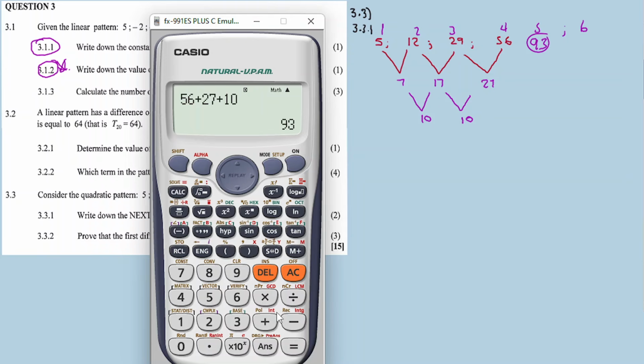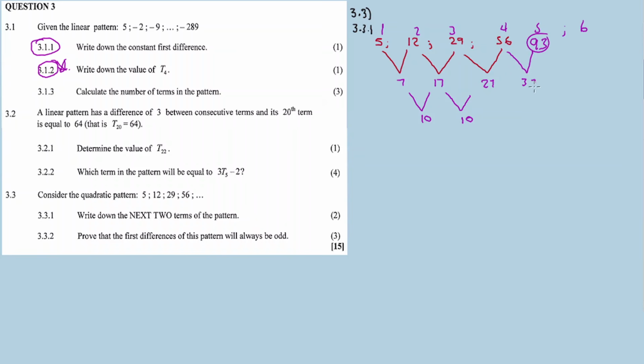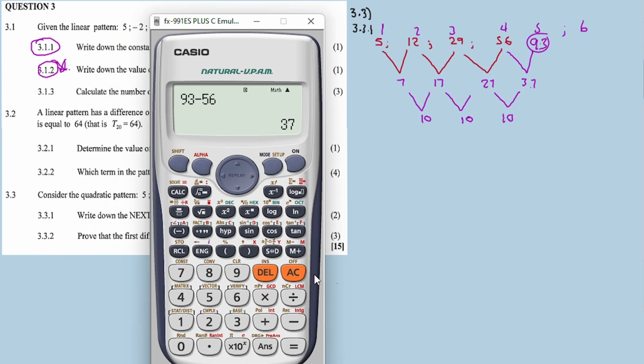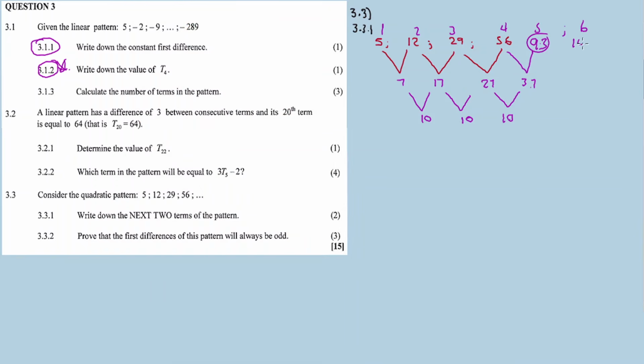Then you come back again and expand these branches. 93 minus 56 is equal to 37, and as we said, there's a common difference. In order to find T6, you need 10, 37, 93, so it's 93 plus 37 plus 10, equal to 140.